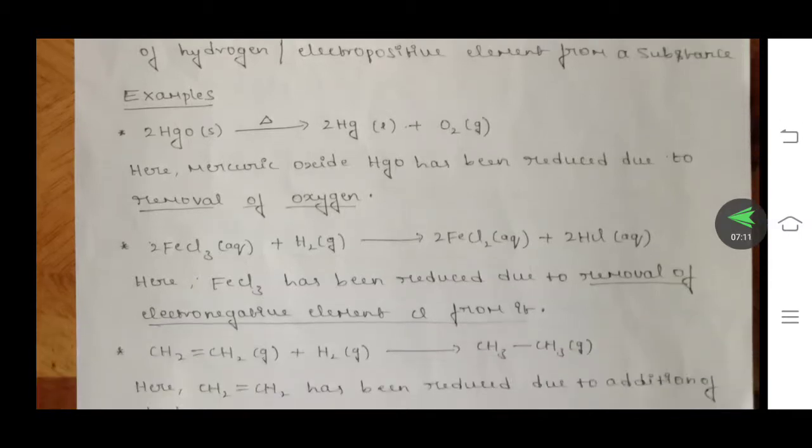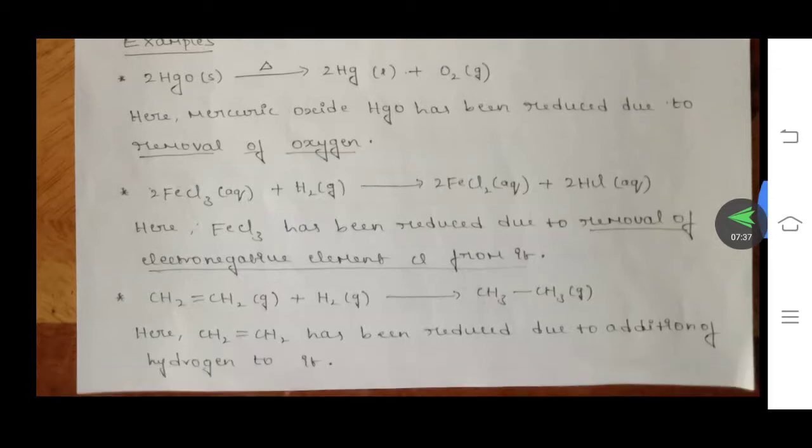Second reaction: 2FeCl3 plus H2 gives 2FeCl2 plus 2HCl. On the left-hand side, in FeCl3, 3 chlorine atoms are combined with the iron atom. On the right side, the same compound becomes FeCl2, with one chlorine less.